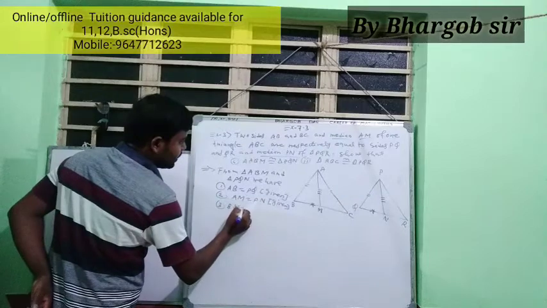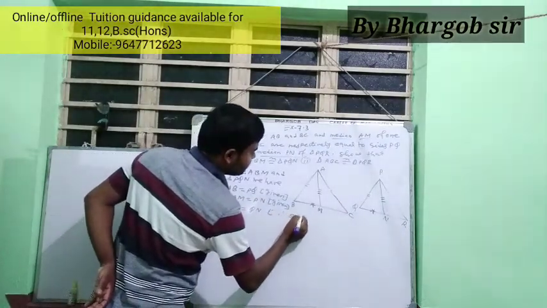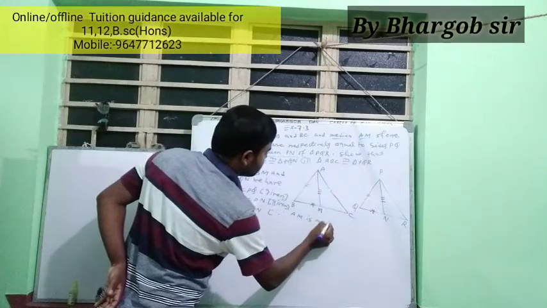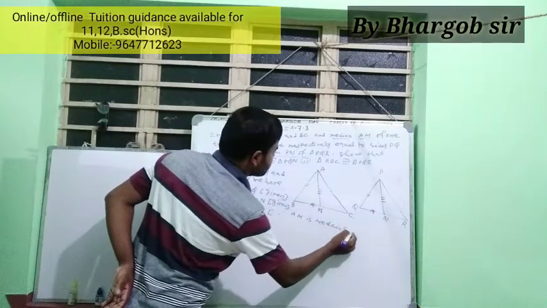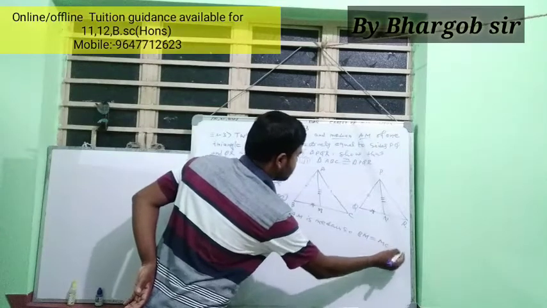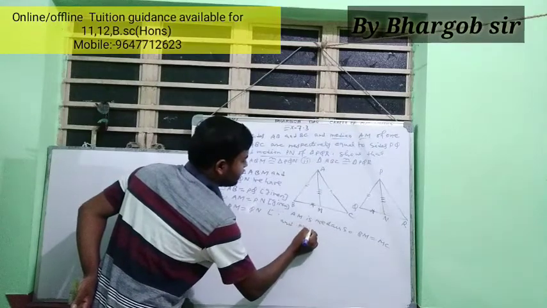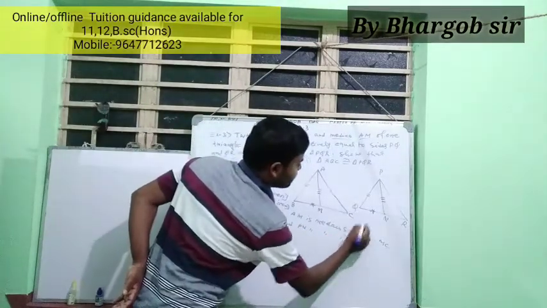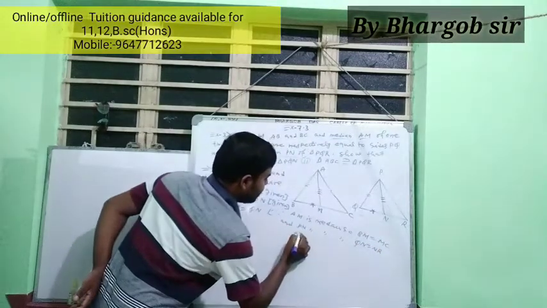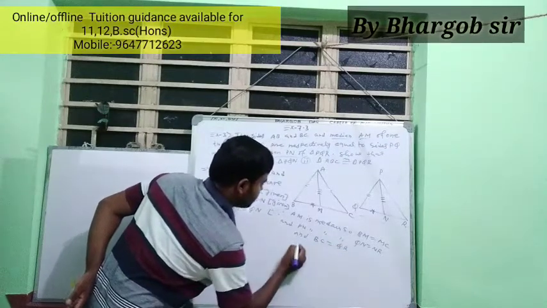BM equal to QN, as AM is a median, so BM equal to MC, and PN is a median, so QN equal to NR, and BC equal to QR.